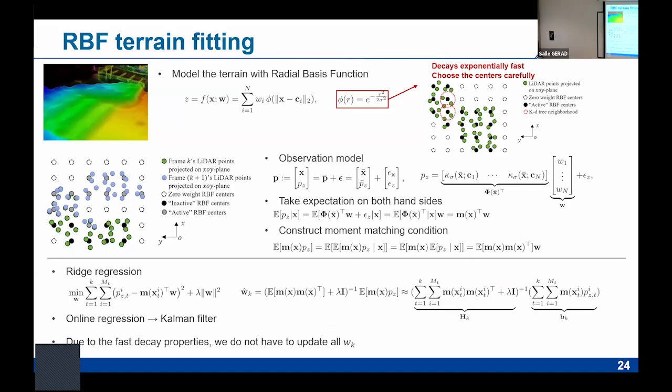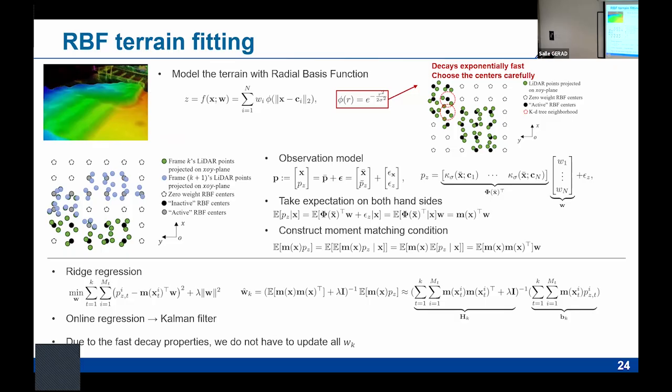So what we do, this is our preliminary work. We are still working on it. So this models terrain with a radial basis function. We fit this RBF because we scan the terrain, right? We fit it first with this radial basis function. We create a smooth surface.